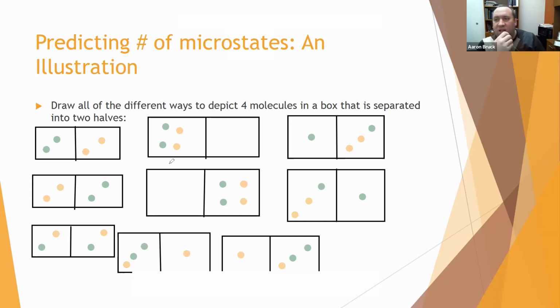So what we can see here is two different concepts in play. First of all, when we increase the number of dots, just in general, more molecules, we are going to get more microstates. The other thing that we should see is that when we have more variety of molecules, the number of microstates is also going to increase.